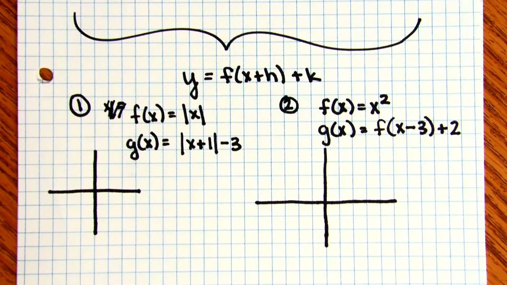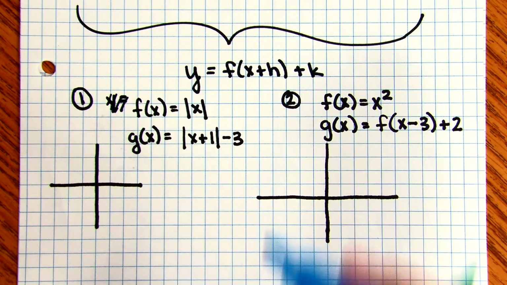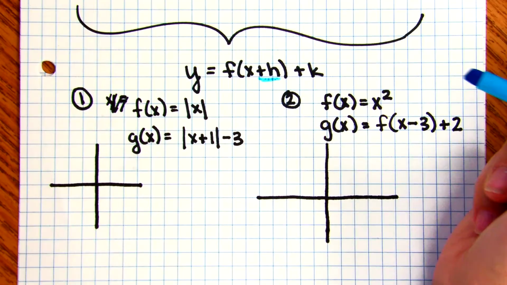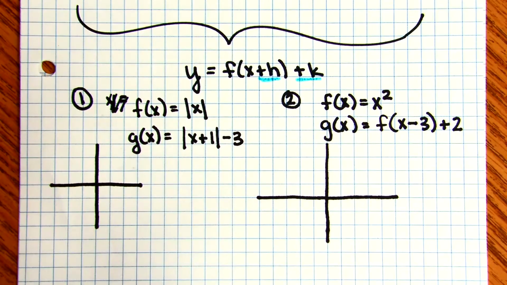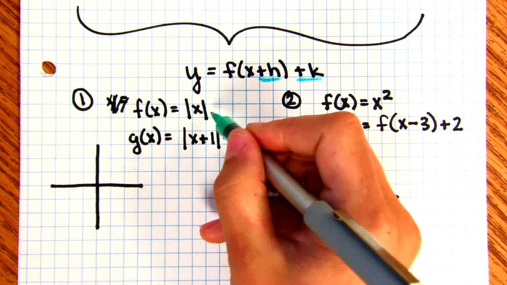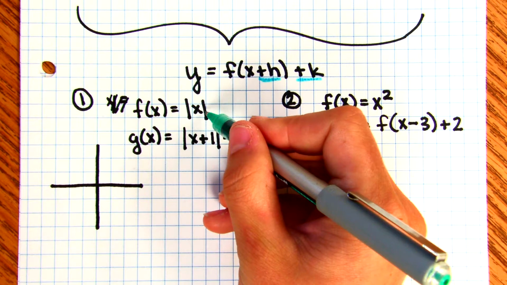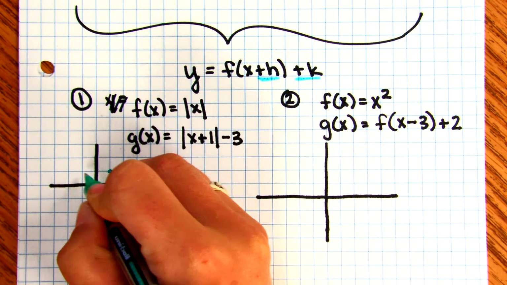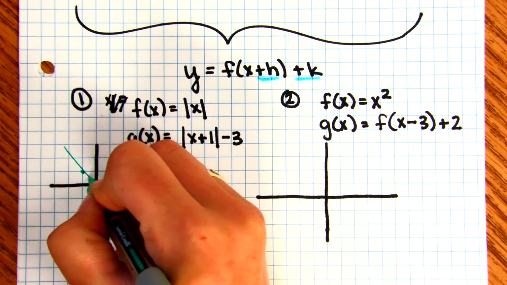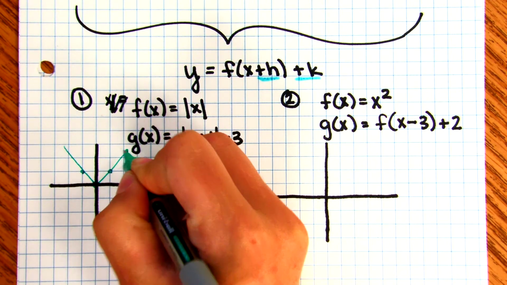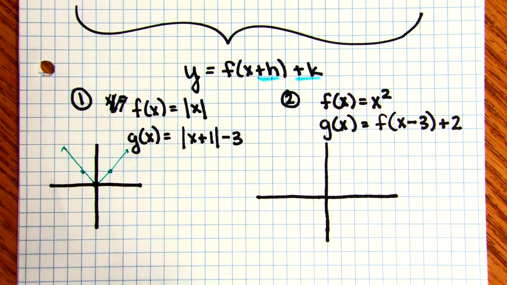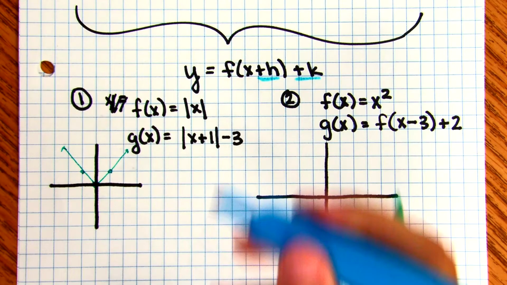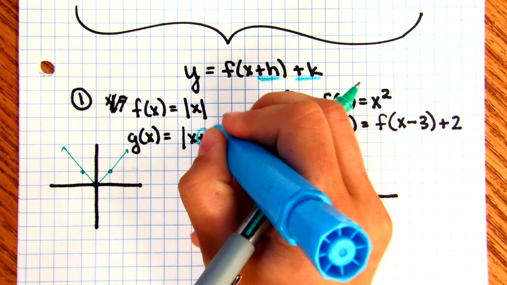And so now we're going to put this together, and we're going to do both at the same time. So we're going to be doing a horizontal and a vertical translation at the same time. So here you see your parent function is f of x equals the absolute value of x. I'm going to take a second to graph it. (0, 0), (1, 1), (negative 1, 1). Absolute value, so it's shaped like a V. Now I'm going to read through this. So I see a value is added inside.